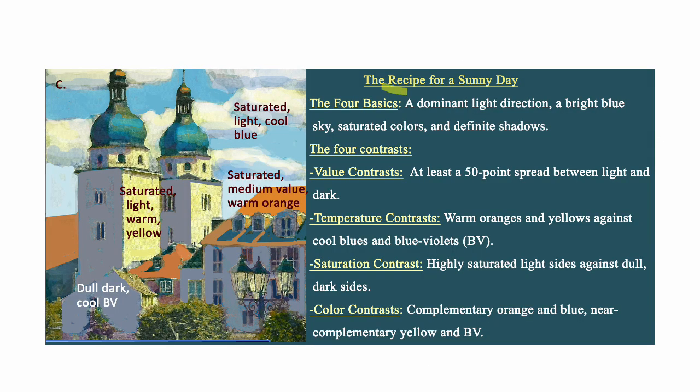So now we have the whole recipe for the sunny day. We have the four basics: the dominant light direction, the bright blue sky, the saturated colors, and definite shadows. We have the four contrasts, the value contrasts with at least a 50-point spread between light and dark, temperature contrasts where we have warm oranges, warm yellows against cool blues and blue violets, and we have saturation contrasts, the highly saturated yellows and oranges against the dull blue violets in the shade.